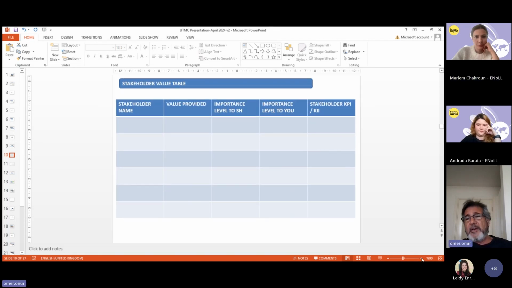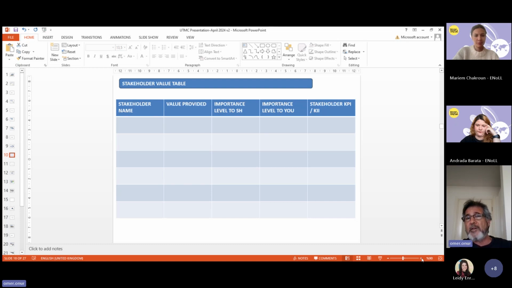So for every project or solution we provide, we make a list of the stakeholders that should be involved in the development of this solution. And here, against the stakeholder name, we define what value we are going to provide to these stakeholders, and what is the importance of this proposition to each stakeholder.